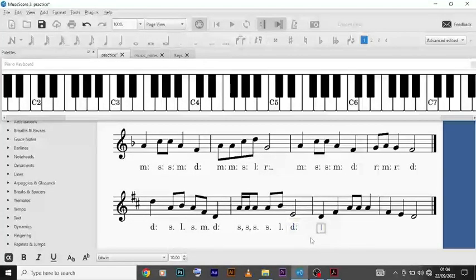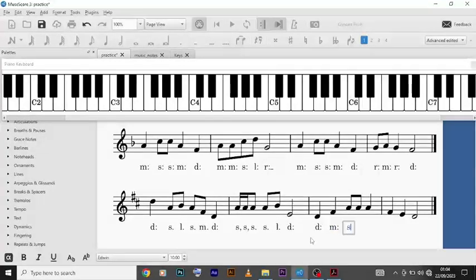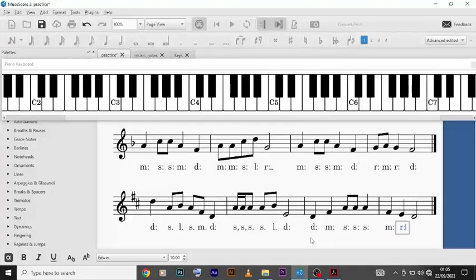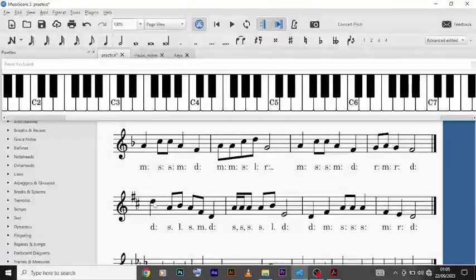Then the next do. Then the next do, re, mi. Then the next so. So. Then the next so, mi. Then re, do. We can try to sing it together.